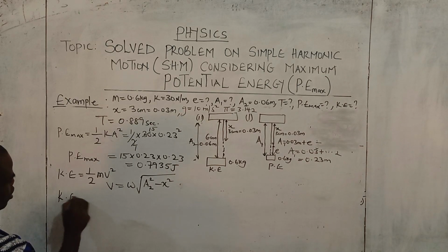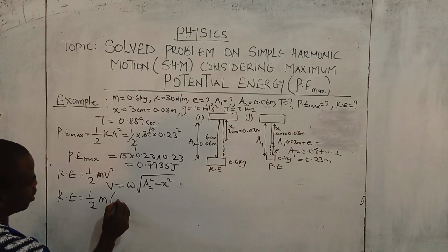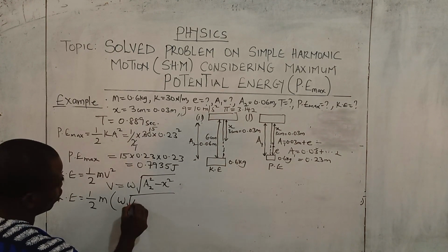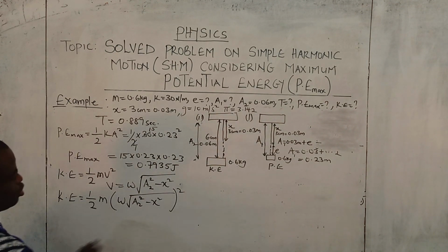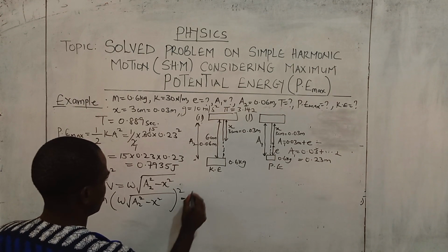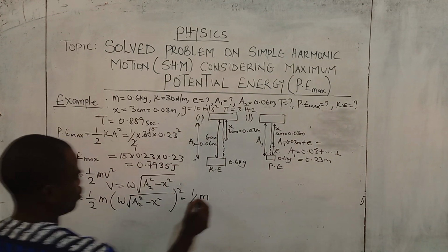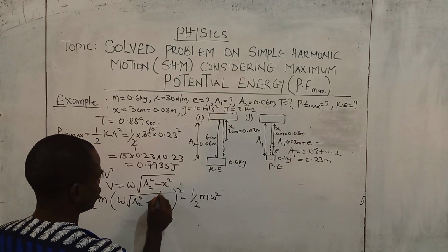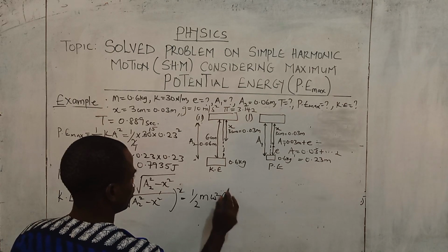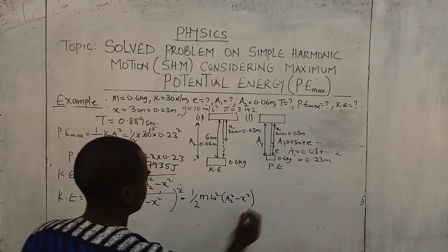Now KE equals half m in the bracket, w times the square root of A2 squared minus x squared. Now square it because of these two. Half m, when you open this bracket, it becomes w squared. These two will cancel the square roots. You now have A2 squared minus x squared.